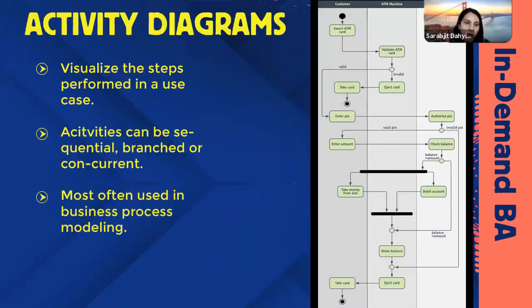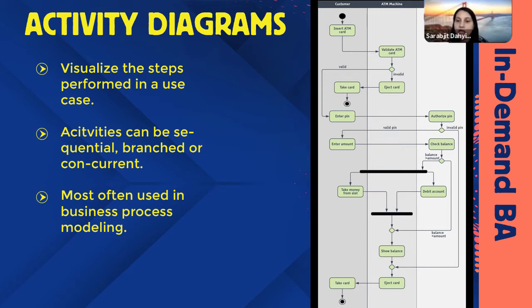So activity diagrams, what you see on this diagram are called swim lanes, right? So what are swim lanes? Swim lanes represent three different users, right? In this case, we have the customer, we have the ATM machine, and we have the bank.